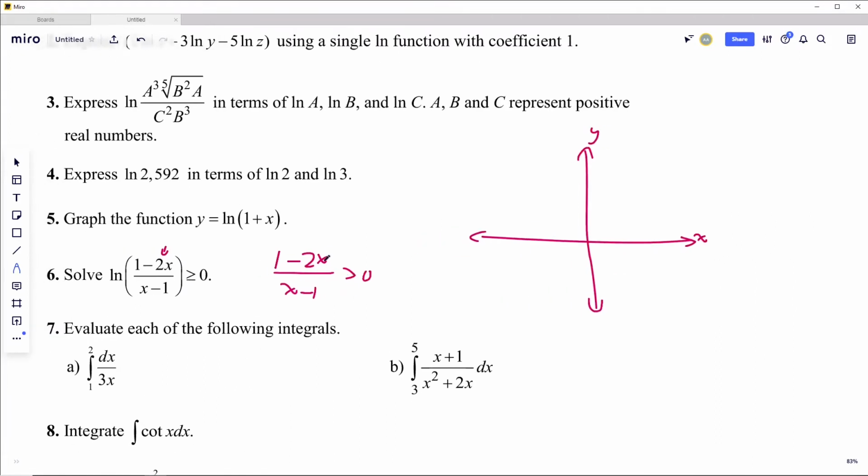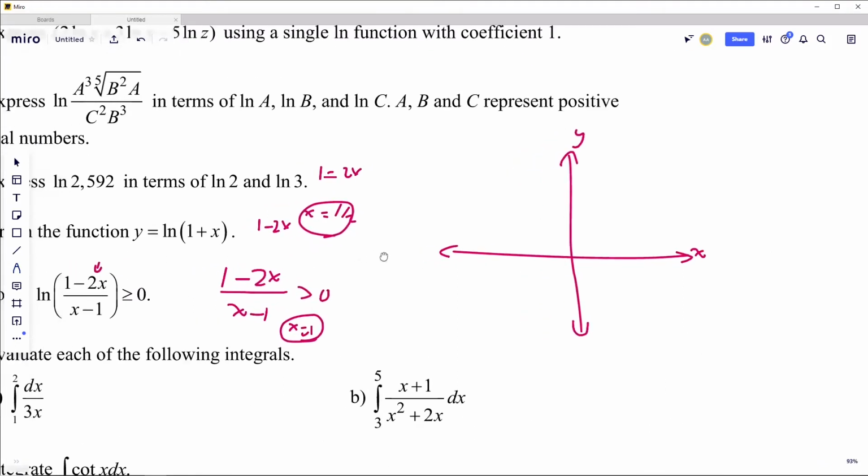So for the points first, 1 minus 2x equals 0. We can do this: 1 equals 2x, and then divide by 2. This is going to give you 1 half. For the other one, x is 1. So we could have an interval less than half, greater than 1, between the two, and so on.